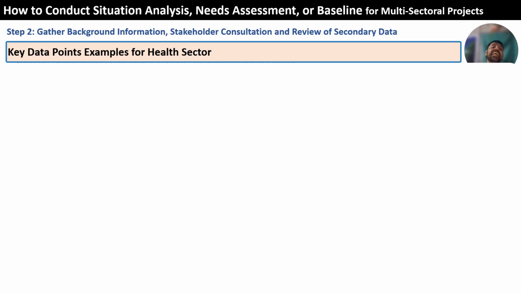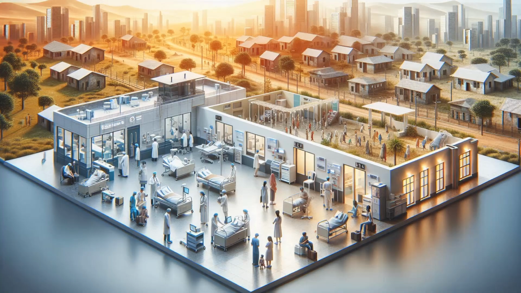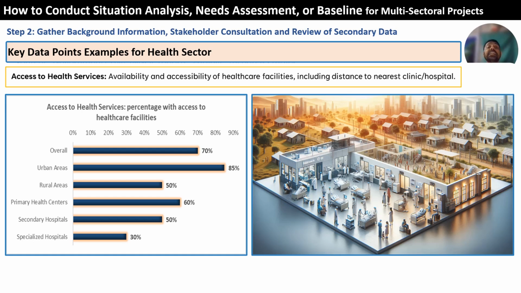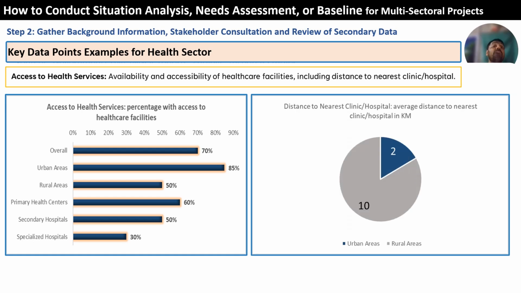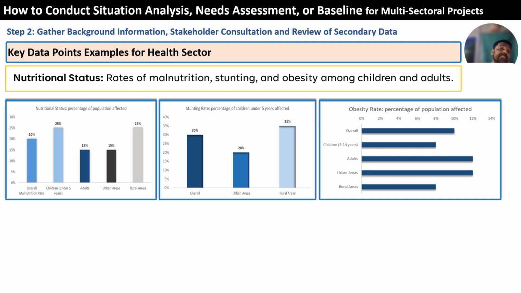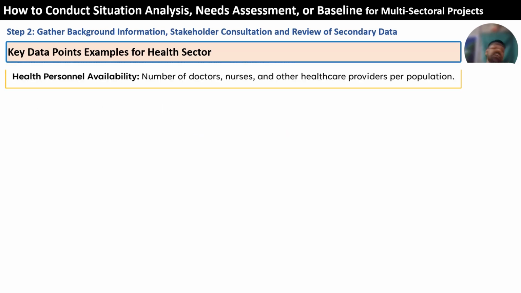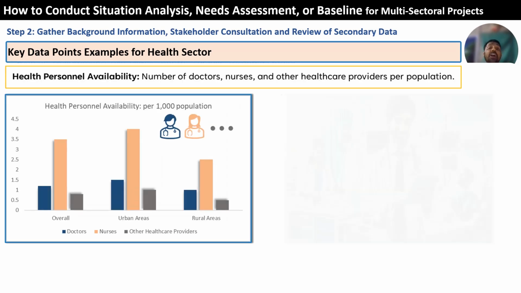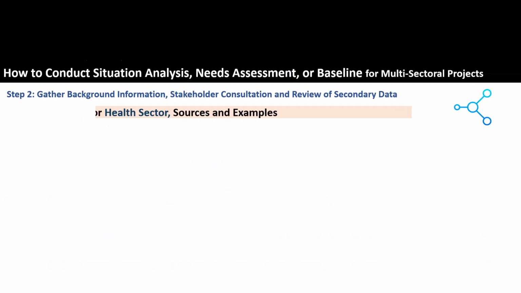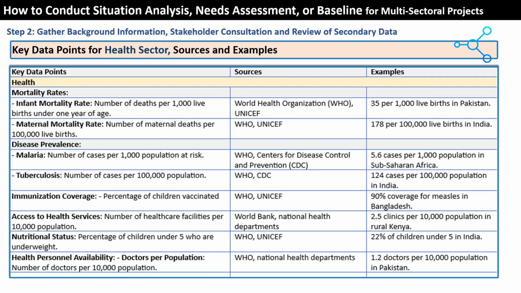Other data points in the health sector would be access to health services, availability and accessibility of healthcare facilities, including distance to the nearest clinic or hospital; nutritional status among children and adults; availability of health personnel, number of doctors, nurses, and other healthcare providers per population. So these are basically some key data points for you related to the health sector.